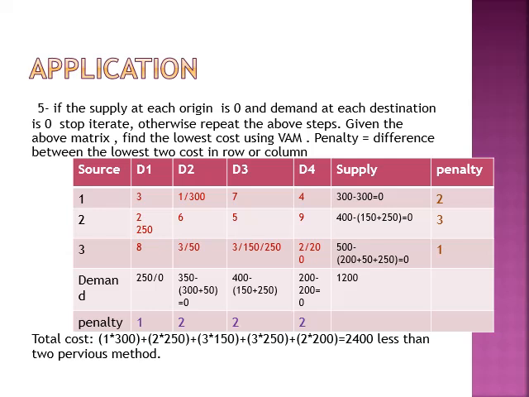The demand of D1 now equals 0, but the stock of source 2 now is 150, because we cut this stock by 250. 400 minus 250, the remainder is 150.